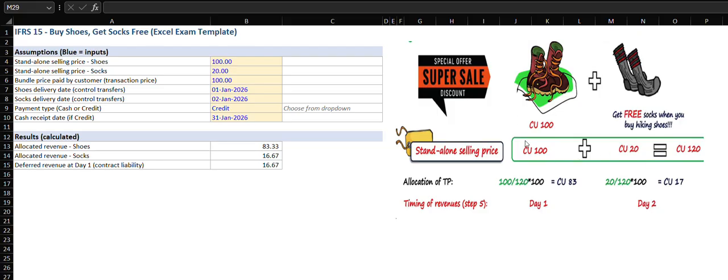The bundle price offered to the customer is 100. Although socks are mentioned as free when we purchase the shoes or the jogger, under IFRS 15 they are treated as a separate performance obligation. This input tab will be used in the next step for the allocation of the revenue.